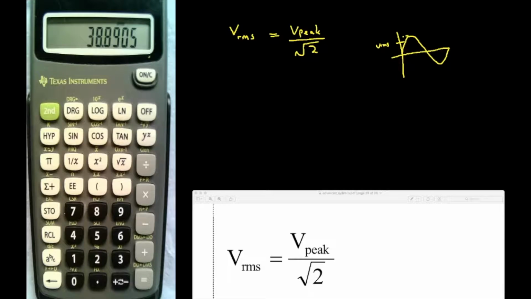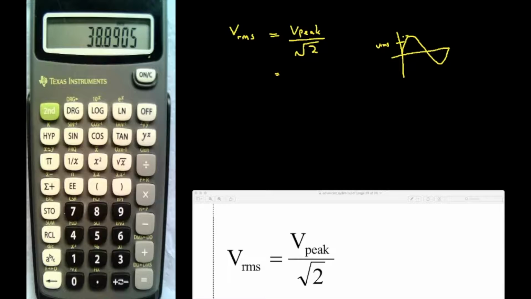Well, you can go to this formula and rearrange it. Remember that this is an equation. What you do to one side, you do to the other. So I want to get V peak on its own, but it's V peak over root 2, which is awkward. So if I multiply both sides of the equation by root 2, I will leave V peak on its own.